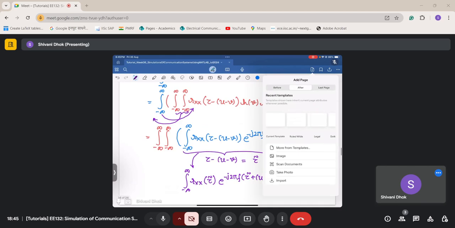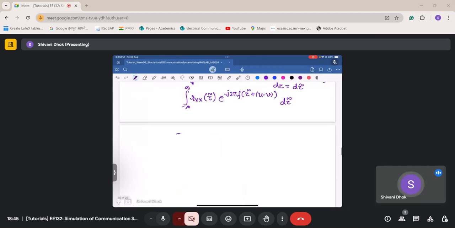Then this thing is equal to integral from minus infinity to infinity of Rxx of tau tilde into e power minus j 2 pi f tau tilde. So if I take this part, this is independent of tau tilde, I can take it outside. So I can close this integral here, multiplied by e power minus j 2 pi f u into e power minus j 2 pi f v.